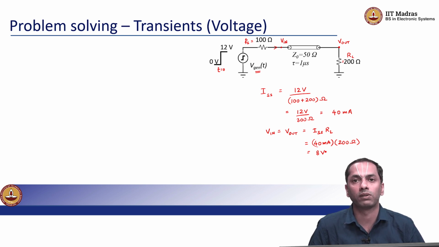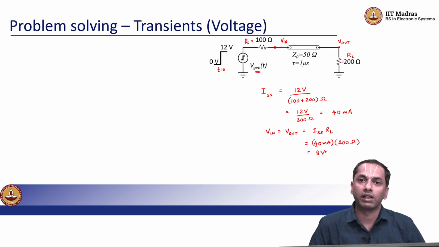So, circuit theory would have told us that this 8 volts is established instantaneously, regardless of how long the transmission line you use to connect between the 200 ohms and the 100 ohm source resistance. But transmission line theory is saying that no, this is not going to happen instantaneously, even though you turned on the voltage from 0 volts to 12 volts instantaneously.